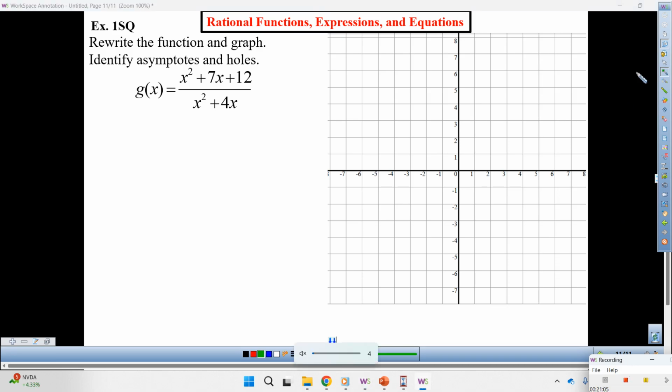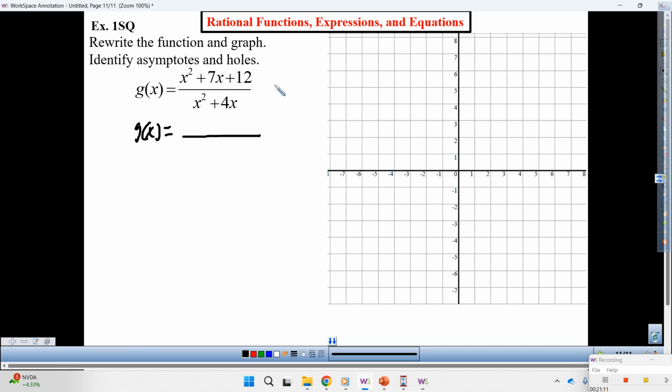All right, so let's factor this. We got g of x, and then we got 12 and 7. That's 3 and 4. So x plus 3, x plus 4.